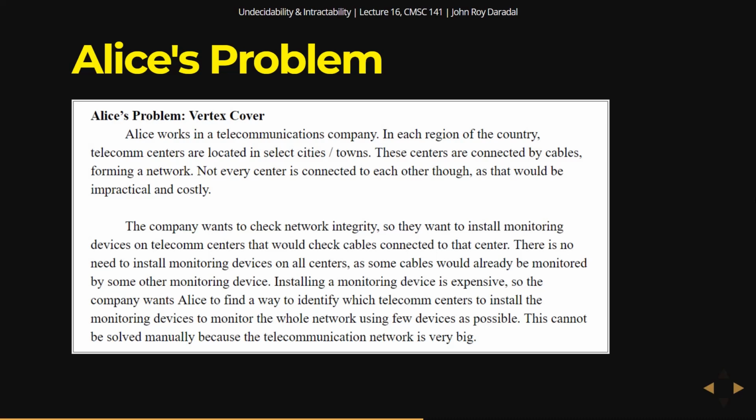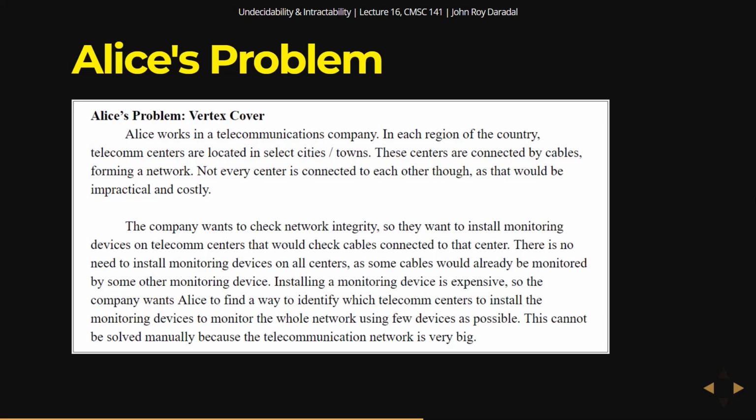Maybe the one in Iloilo City is connected to Antique and to Pasig, but that's it. It won't be connected directly to Roxas, because Roxas can be connected to Pasig, and you can just pass through that network. And of course you won't connect Iloilo City with Aklan because it's too far. You can just have the connection from Capiz to Aklan, as long as everything is connected, right?